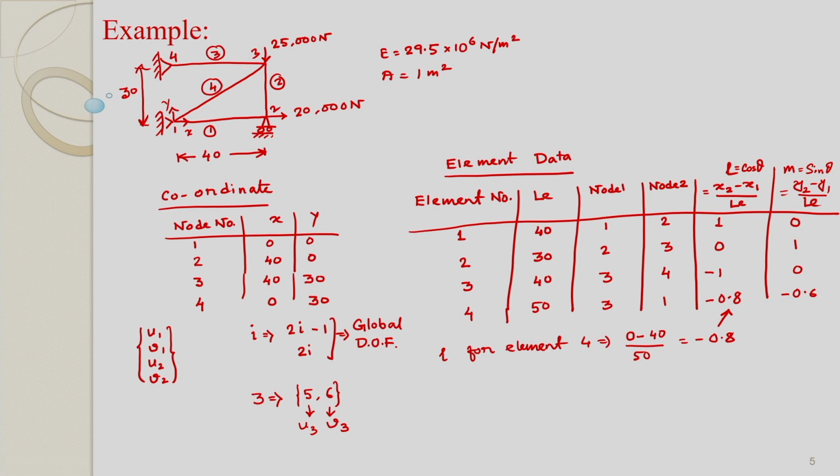So, in your load vector, this 20,000 Newton is corresponding to the x direction of node 2. Therefore, it is in the global load vector in third position.